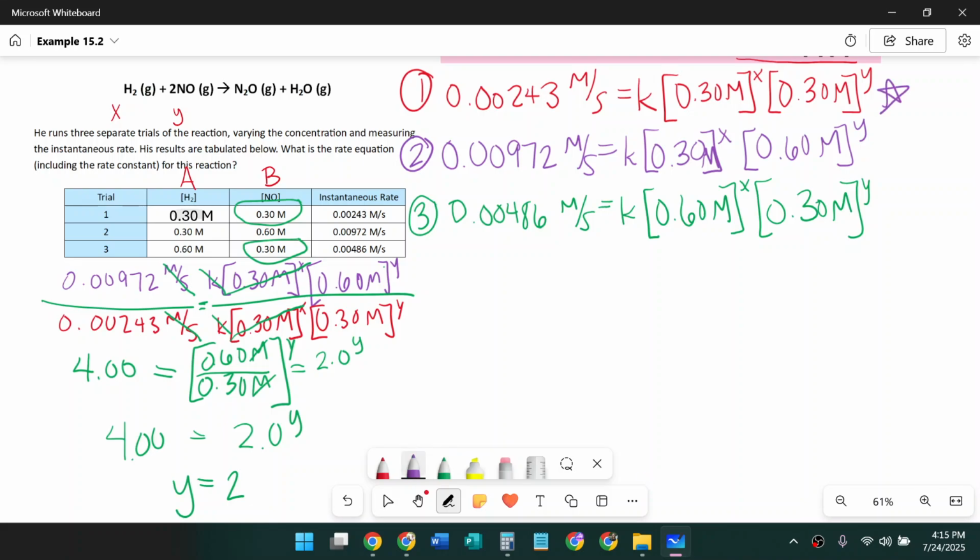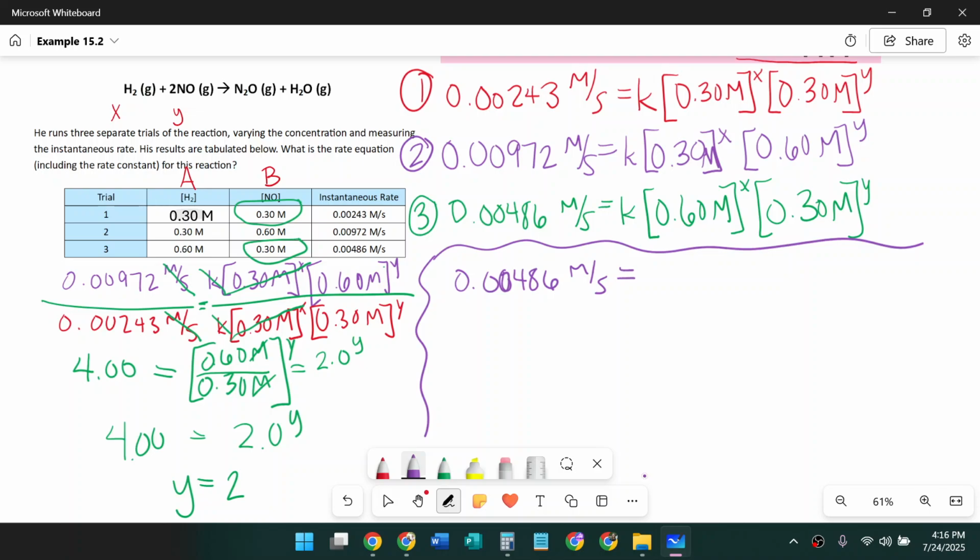Using trial 1 and trial 3, which one is bigger on the left? The single number that we're working with, it's not a whole bunch of stuff together. That's number 3. So let's put that one on the top. 0.00486 m per s equals, you know what?